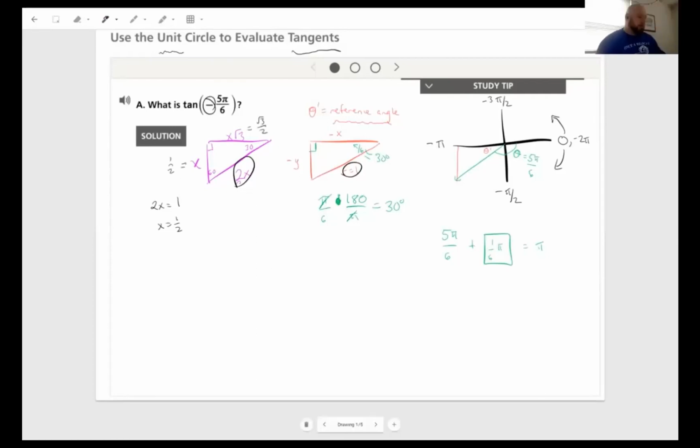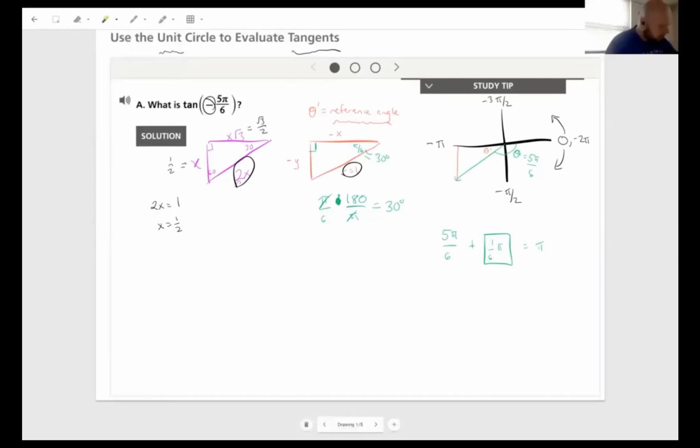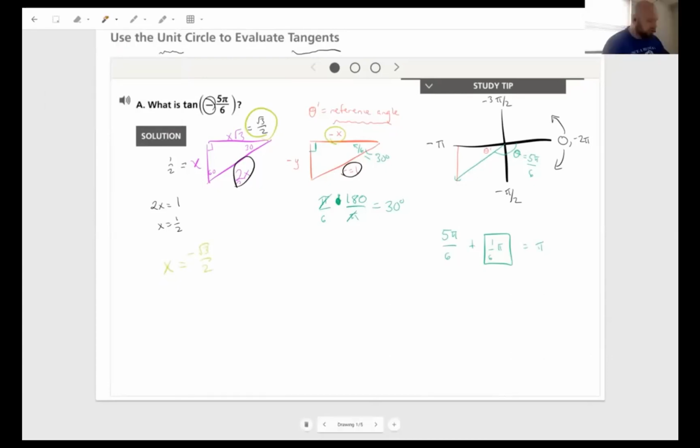And on our shape, we'll do neon green for our x value. This is your x, this is your x. So x has to be negative √3 over 2. And the y value right here is this number.